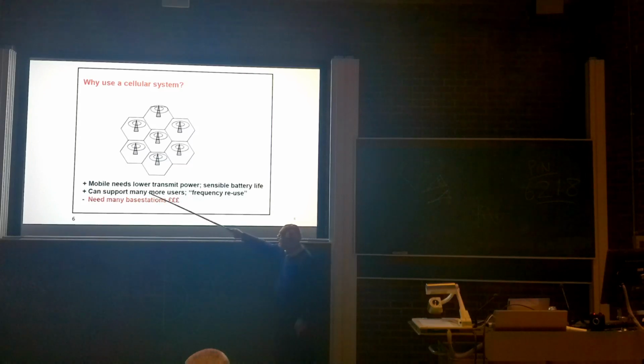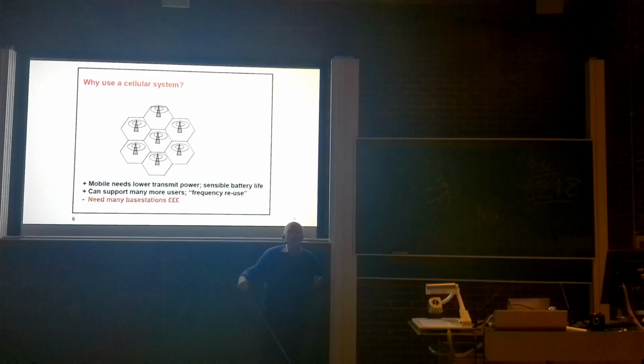For a reason: mobile needs lower transmit power. So you need lots of base stations close to the mobile. It's not so difficult to transmit from the base station, but it is difficult to transmit from the mobile itself. With a cluster of base stations, you can support many more users. You can reuse the frequencies from one cell to another.